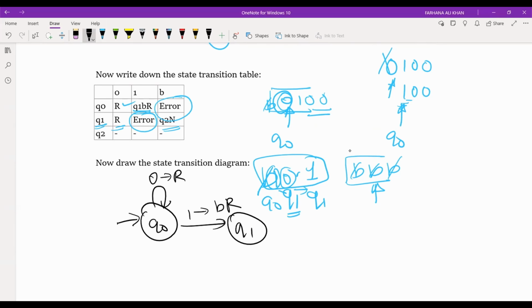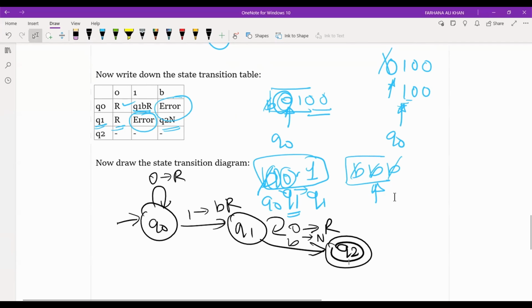Now Q1 on 0 goes to the same state and moves towards the right-hand side. Q1 with 1 is an error, so we will not indicate that. Now Q1 with the blank symbol has no movement and goes to the final state.